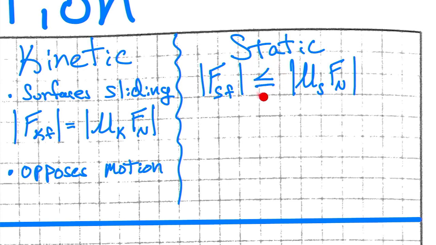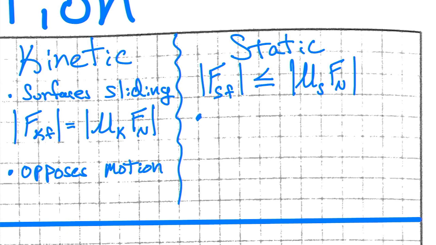However, this is the important difference, the less than or equal to. Static friction is not always equal to this. This is the maximum amount of static friction. If this amount is exceeded, it breaks into kinetic friction. But if less than this amount is required to keep the surfaces together, then static friction will be less than that. We'll look at some examples of that coming up.